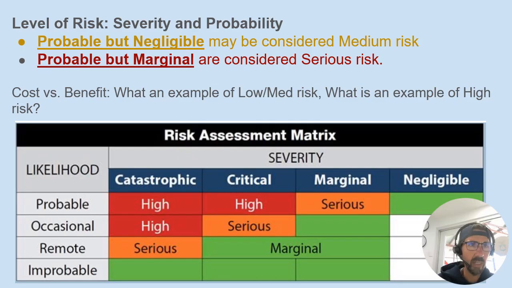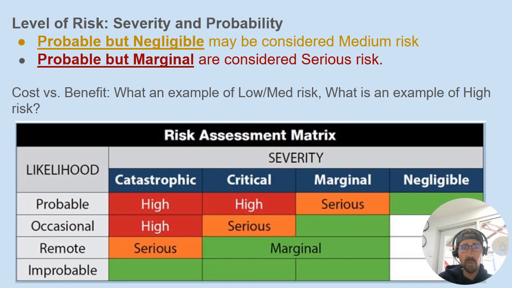I really like the way this chart is set up. We're talking about the level of risk, severity, and probability. When we talk about a probable situation, it's probable that it will happen, but it's negligible, meaning really not that complicated or not that dangerous, right? This may be considered a medium risk.